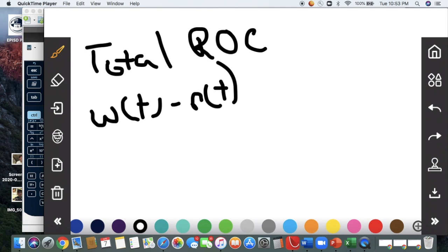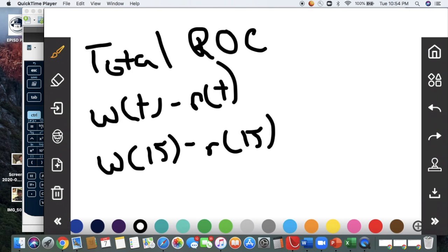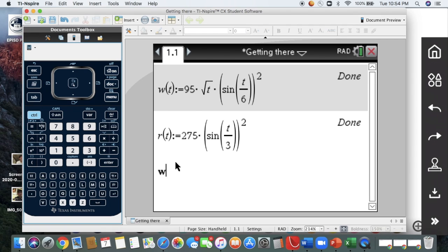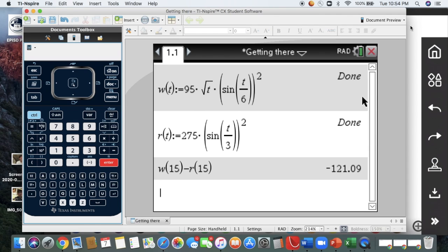And they gave you a specific time, 15 hours, so it'll be W of 15 minus R of 15. So you go to your calculator and you type W of 15 minus R of 15. And that gives you negative 121.09 gallons, right?